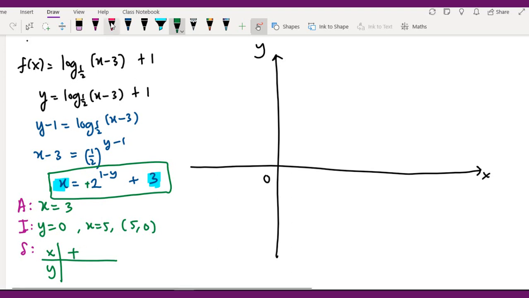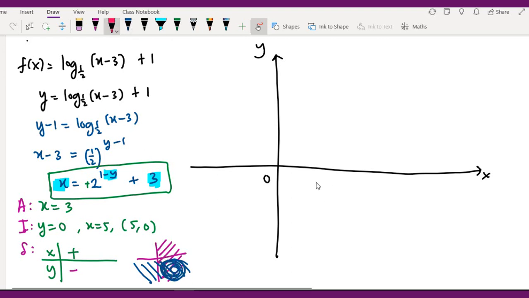For y, check here, beside y is negative. So the value for y is negative. And sketch the region: x positive, first and fourth quadrant. Then for y negative, third and fourth quadrant. So the starting point is in the fourth quadrant.